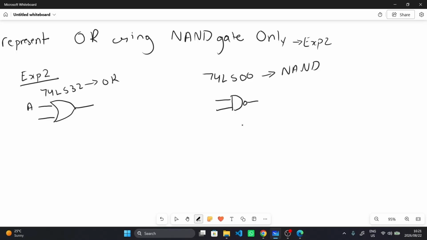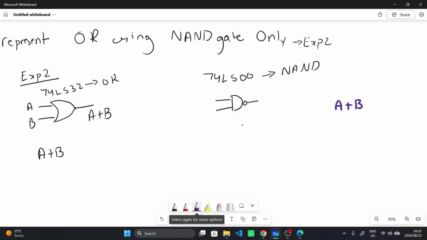The OR gate equation, we already know it's A plus B. So we want to use NAND gate only to represent our OR gate. How are we going to do this? Similarly to how we used a NOR gate, we follow a similar process. First, if you remember, one of the rules was that the complement of A plus B is same as A complement times B complement.